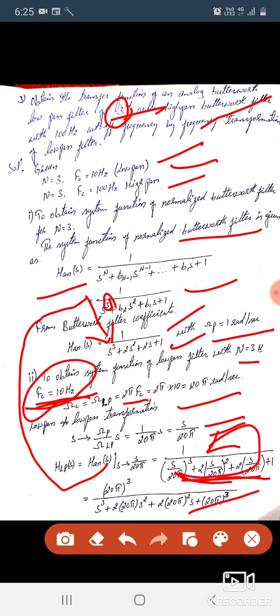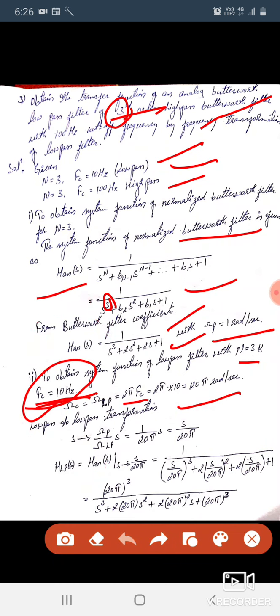S cube plus 2 into 20 pi into S square plus 2 into 20 pi square, because it's a cube. Here all will go, the square is there, 1 will be left; here 1 is there, here you will be getting a square. Next here only 1 is there, so we will be getting 20 pi cube here. It's basic maths only, just focus here. This is how it is for fc equals 10 Hz.